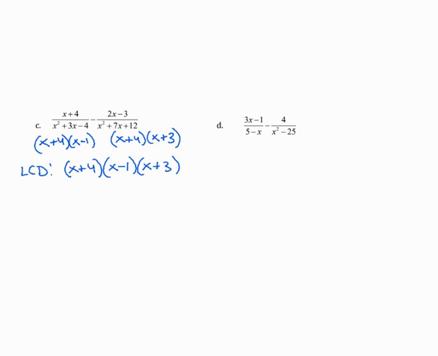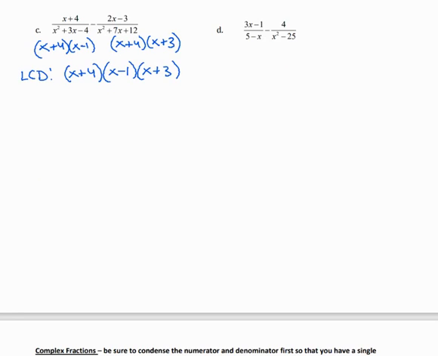So my least common denominator includes these 3 different binomials. Okay, from here, now we need to rewrite our fractions with that common denominator. So our first fraction will have a denominator of, like we said, x plus 4, x minus 1, x plus 3. Our second fraction will also have that same denominator.